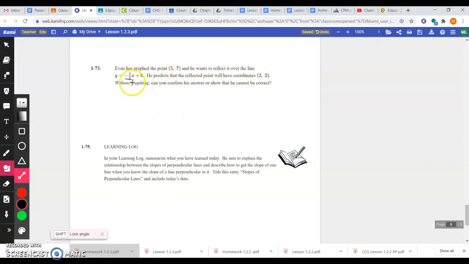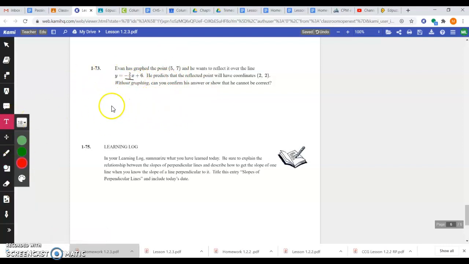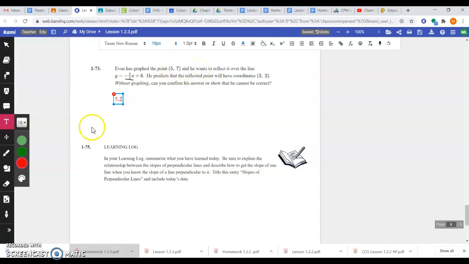The opposite reciprocal of this line would be flipping it and making it positive, and so the opposite reciprocal would then be 5 over 2. So 5 over 2 would be the slope that I need to see.